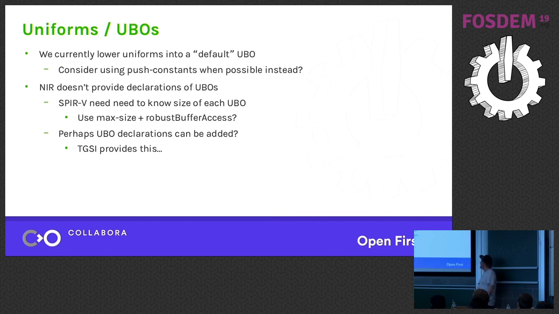Uniforms are also a little bit different. In OpenGL, you can have freestanding default uniforms, or a default uniform block. In Gallium, they look different from the IR and stuff like that.